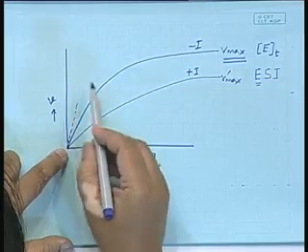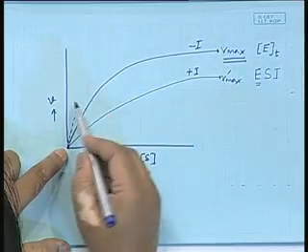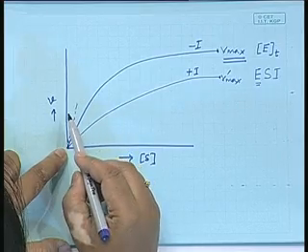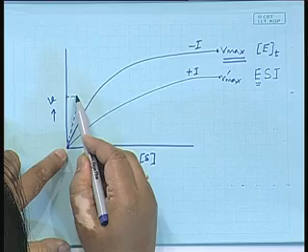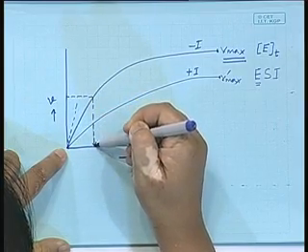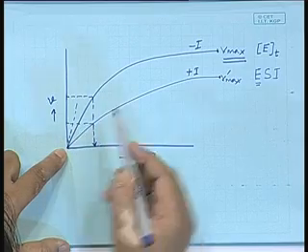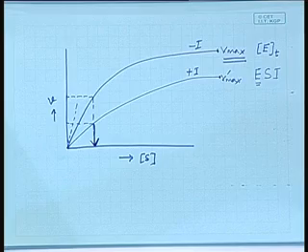So, now what happens? This Vmax and this Vmax. Half of this Vmax is going to be where? Somewhere here. Half of this Vmax is going to be somewhere here. Right?